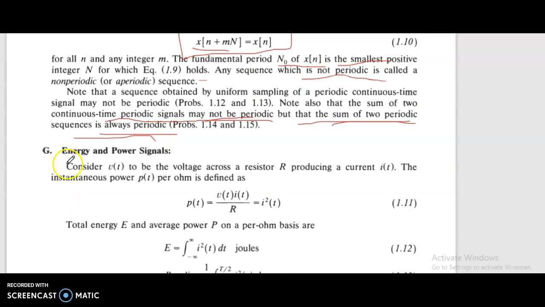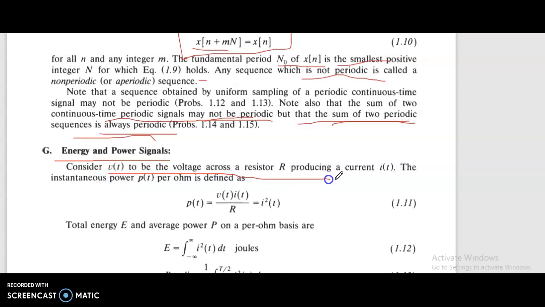Energy and power signals. Consider v of t to be the voltage across the resistor, producing a current i of t.